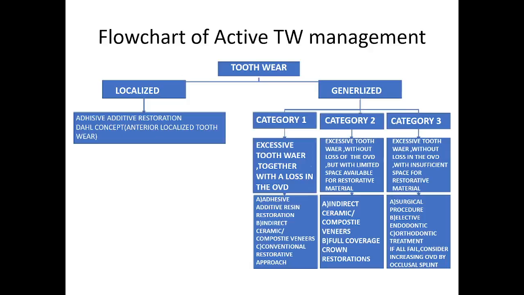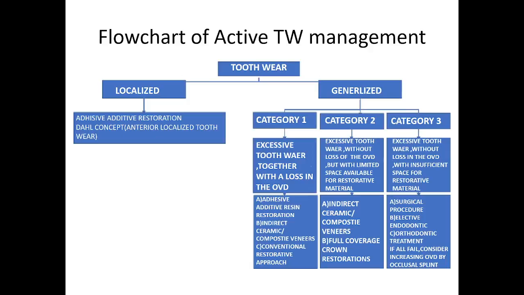Category one, excessive tooth wear together with the loss in the OVD, occlusal vertical dimension. Here we can go for adhesive additive resin restoration, indirect ceramic or composite veneers, or we can go for the conventional restorative approach. And this one, category one, is a straightforward case.